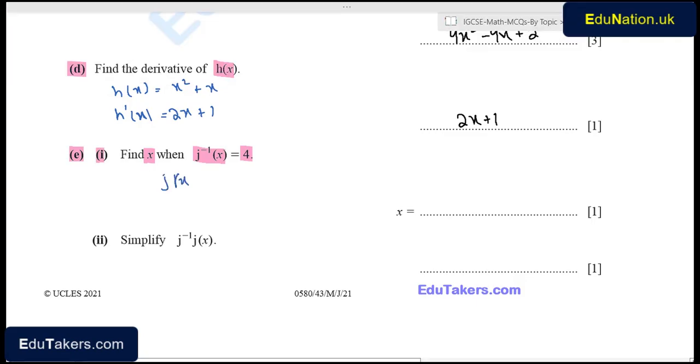J of x is 3 raised to power x, and j inverse of x is equal to 4. From this, x is equal to j of 4, which is equal to 3 raised to power 4, and this is 81.